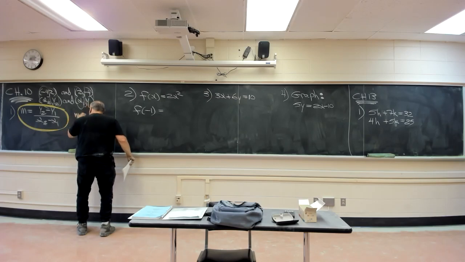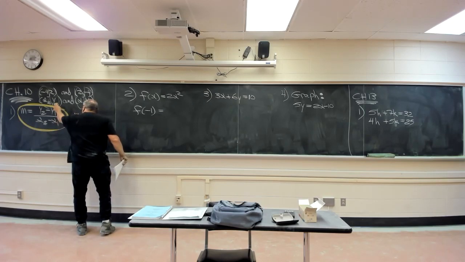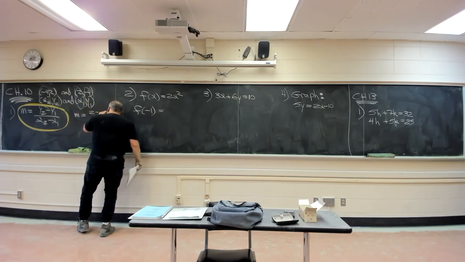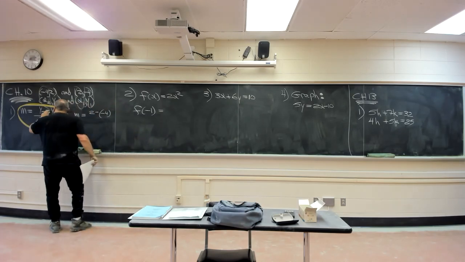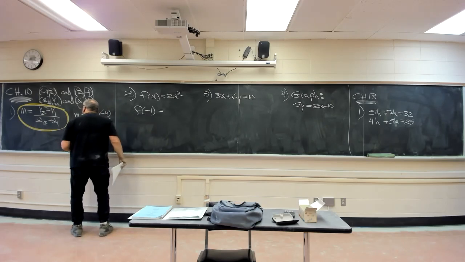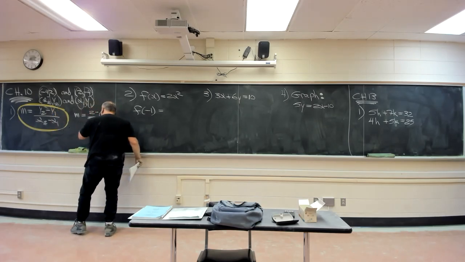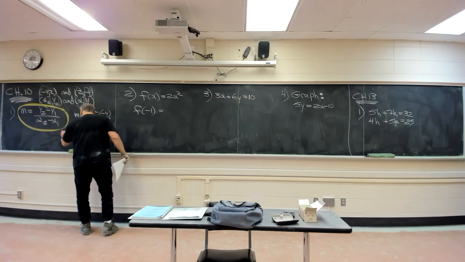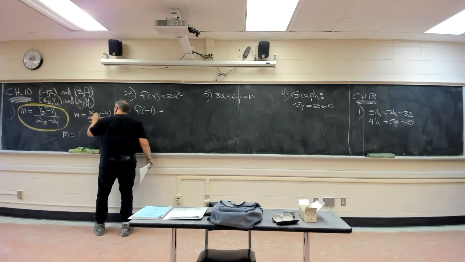The slope is y sub 2, this guy, which is 2, minus y sub 1, which is this one, negative 4. The x sub 2 is negative 4, and the x sub 1 is 2. 2 minus a negative 4, minus a negative 4 is plus 4. 2 plus 4 is 6.